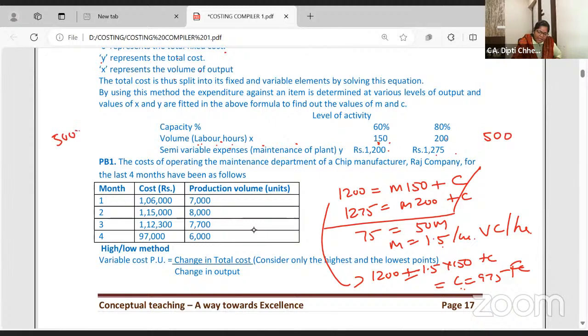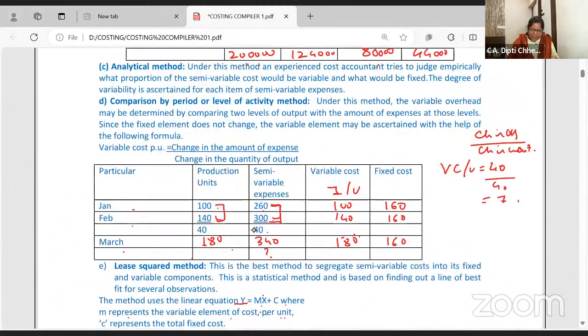So 500 hours into 1.5, this will be the variable part, 750. And fixed, your fixed is 975. 1725. Earlier 1200, 1275, now 1725. Right? Yeah.